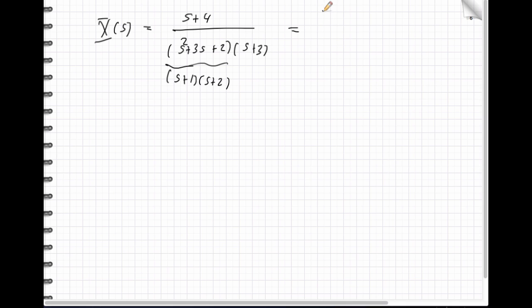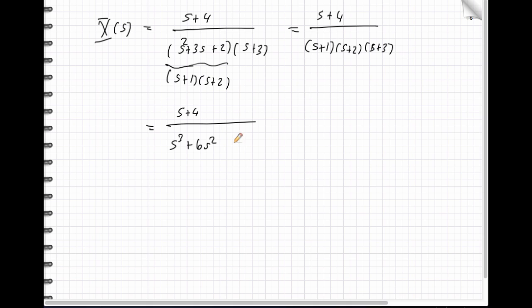So that can be s plus 4 all over s plus 1 times s plus 2 times s plus 3. Or it can also be written, if I multiply all those through, as s plus 4 over s cubed plus 6s squared plus 11s plus 6. Okay? So that's where we're at.